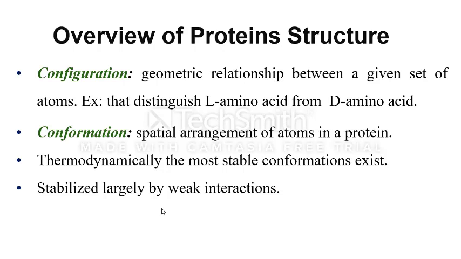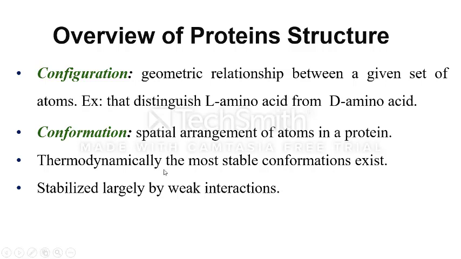So here is an overview of protein structure. According to configuration, it is the geometric relationship between a given set of atoms, for example that distinguishes L amino acids from D amino acids. So by configuration we can say that amino acids can be D or L. Then comes conformation, that is the spatial arrangement of atoms in the protein.